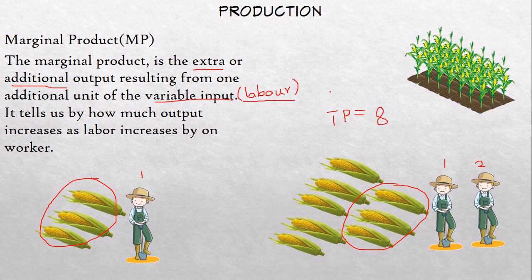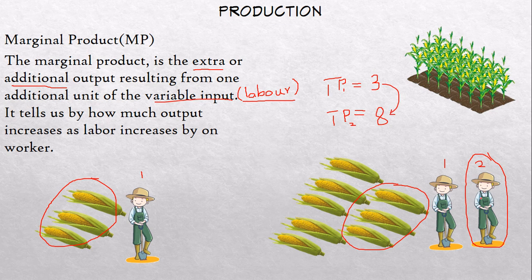When I had just one farmer, that one farmer was able to produce 3 maize. Now, just by employing the second farmer, I have been able to increase my product from 3 to 5.